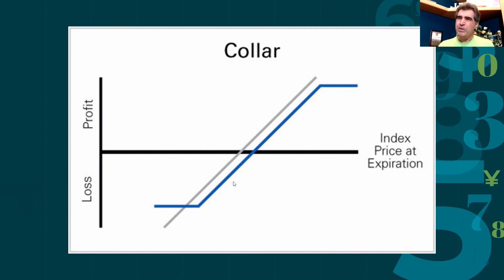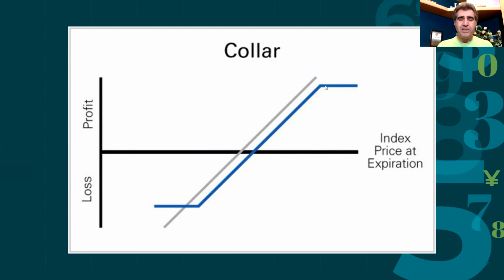The con is that if you're very aggressive, it feels like, boy, if it really moves up, I am missing out on the upside. I'm limiting my upside potential because I'm selling the call. If it goes above this, you have to deliver the stock at that price.